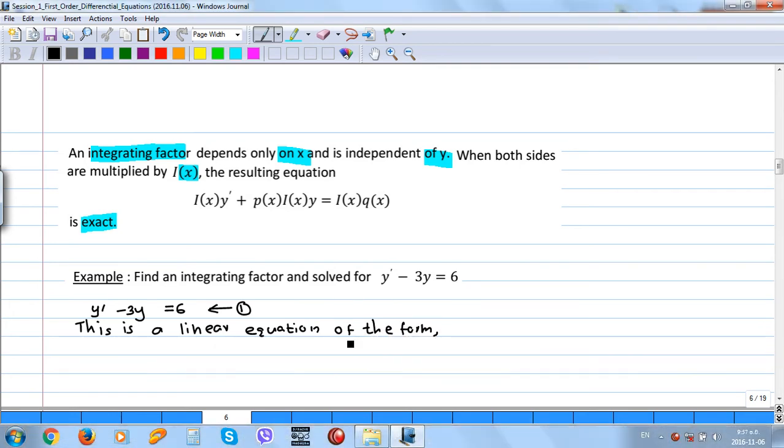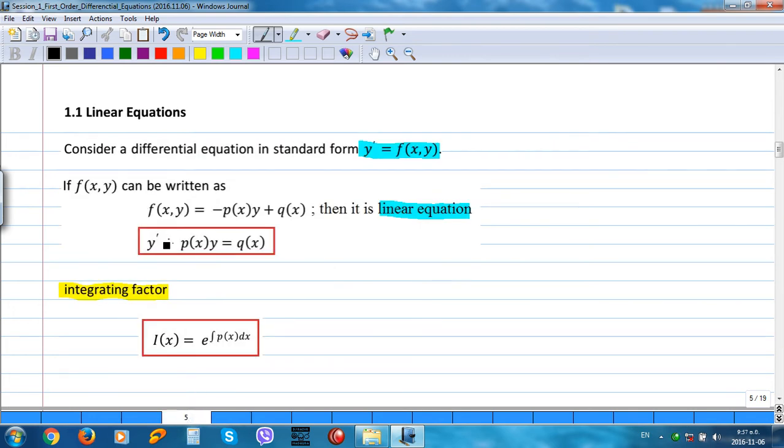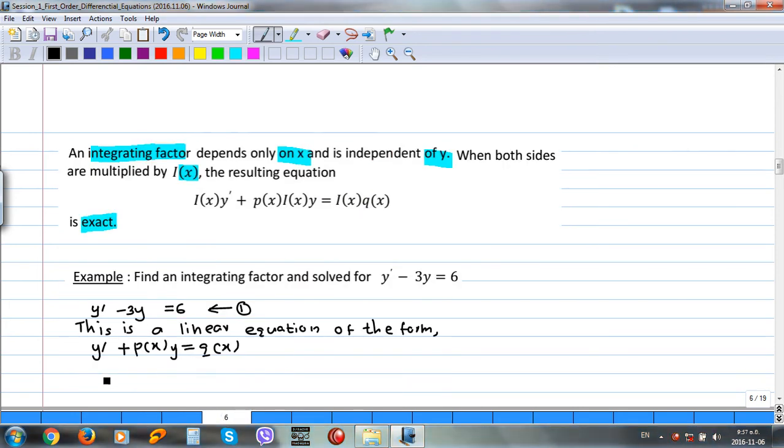We knew that the form of the linear equation is y dash plus p of x times y equals q of x. Here this form, y dash plus p of x y equals q of x.